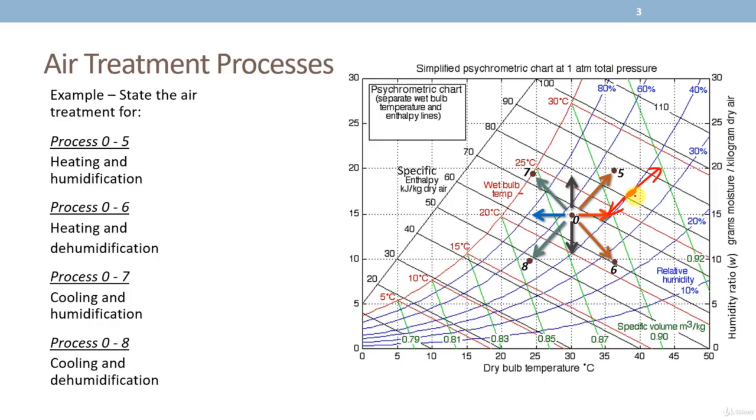So if we want to condition the air to something that is comfortable indoor, the general direction will always be from 0 to 8. And as for cold countries, it will be the opposite. Most likely it will be 0 to 5.